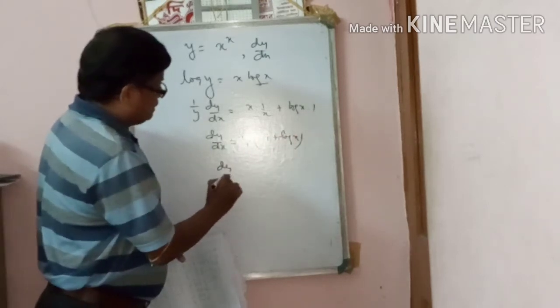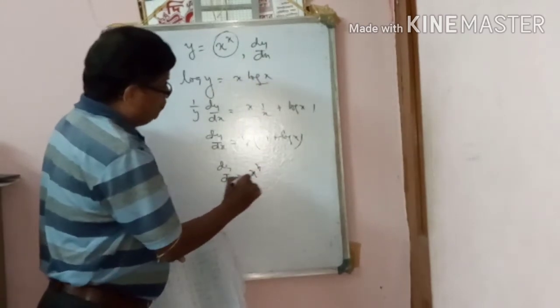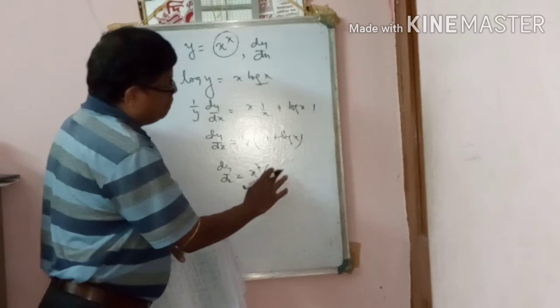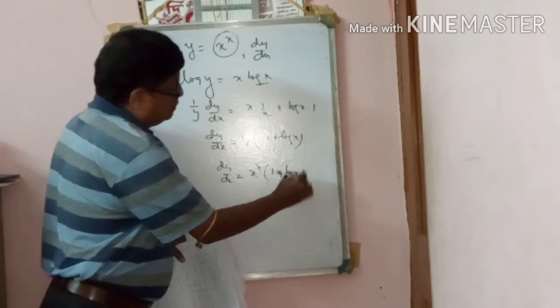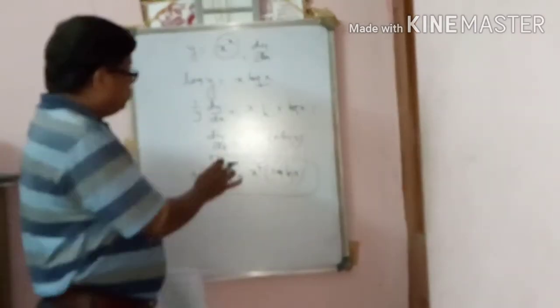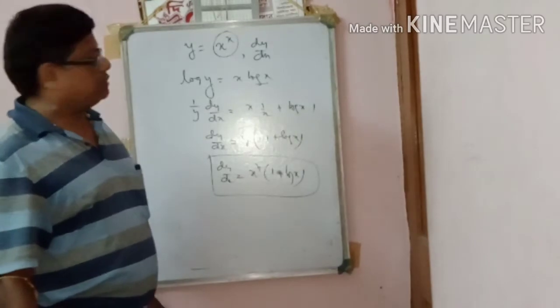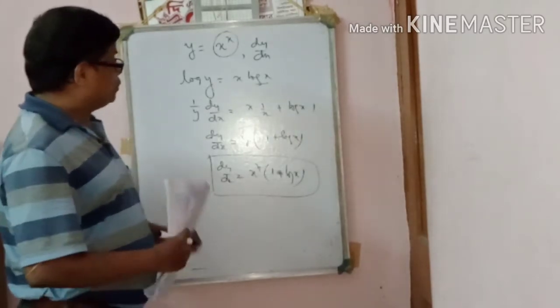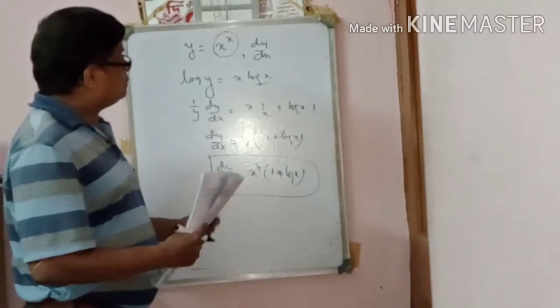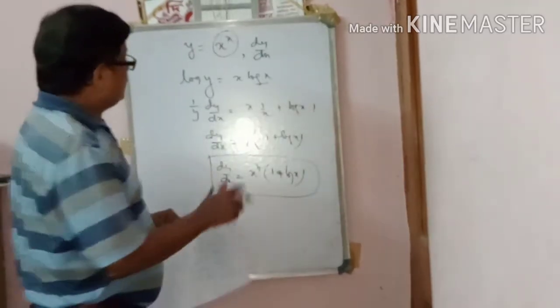Putting y equals x to the power x, dy/dx equals x to the power x into (1 plus log x).